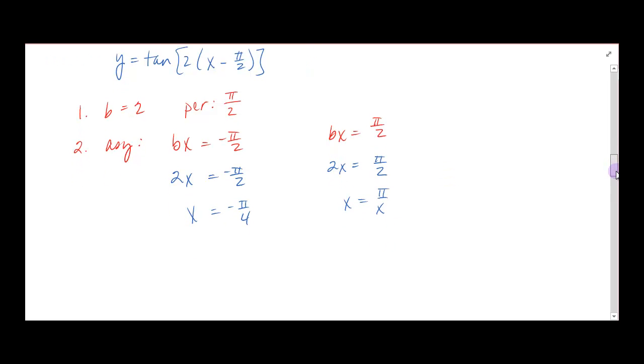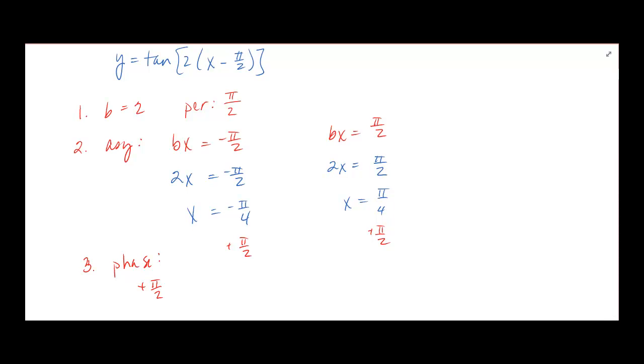Now the phase shift. The phase shift says that I am going to use the opposite sign here. I'm going to add pi over 2 to each of these vertical asymptotes. That's what the phase shift is going to get me on a tangent function. So the phase shift is going to be by positive pi over 2, and I'm going to add pi over 2. Oops, this should be pi over 4, shouldn't it?